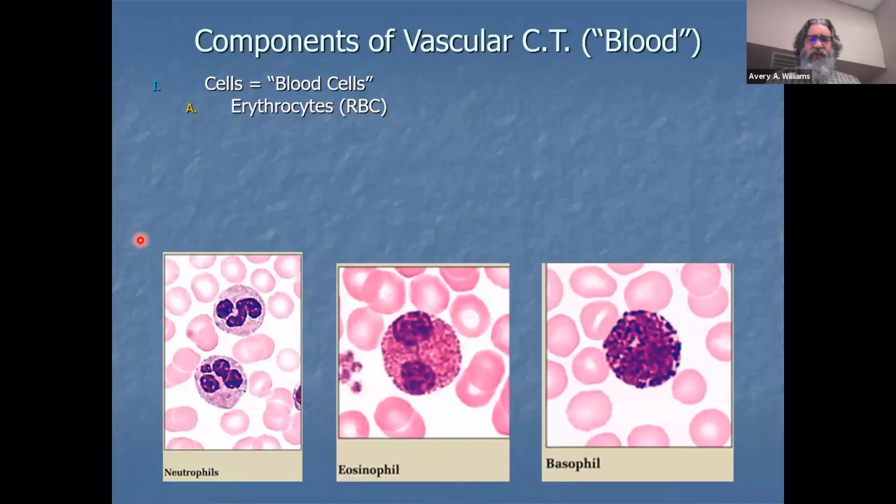The red blood cells, or erythrocytes, are anucleated, which means they don't have a nucleus when they're mature. When they're first formed, of course, they have a nucleus, but when they're functional cells in circulation, there's no nucleus. You see, look right here.